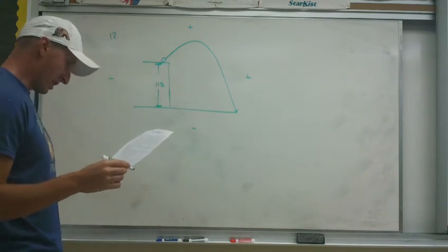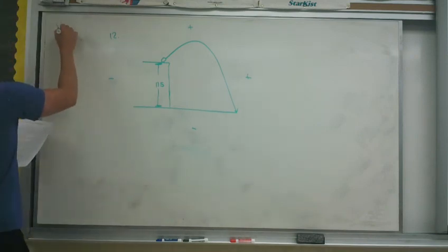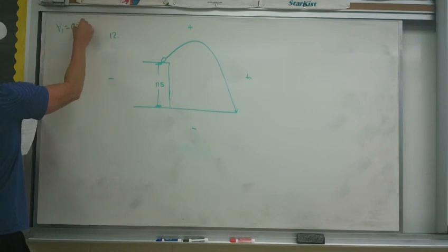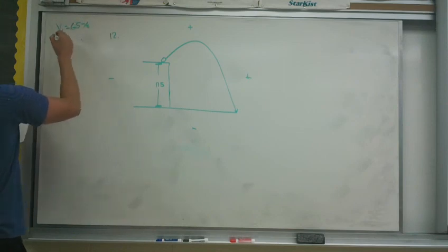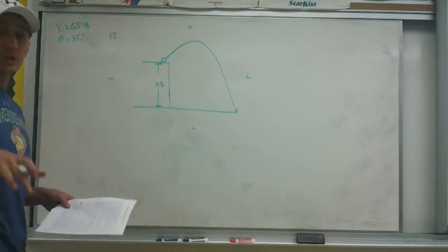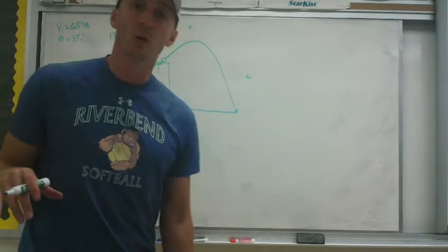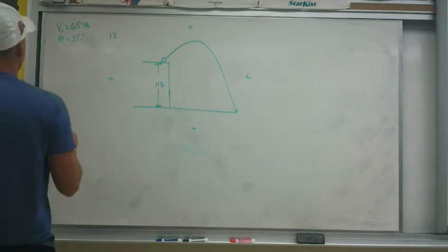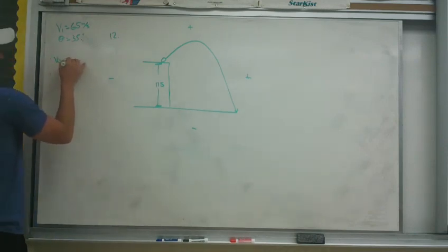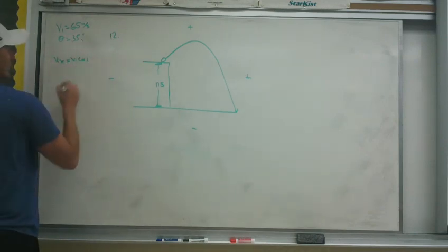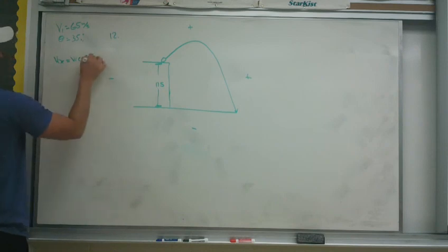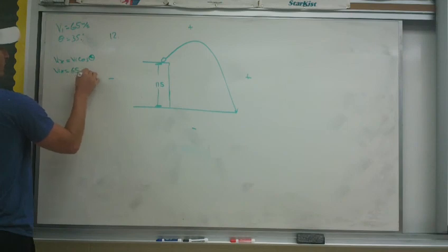It gives us VI is 65. The angle it's launched at is 35 degrees. So again, you're given an initial velocity at an angle. The first thing you have to do is find VIX, which is VI cosine theta. So VIX, VI is 65, cosine 35.